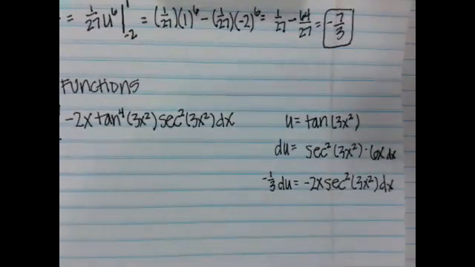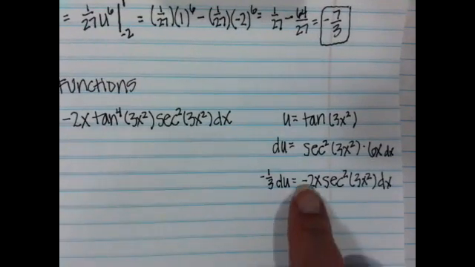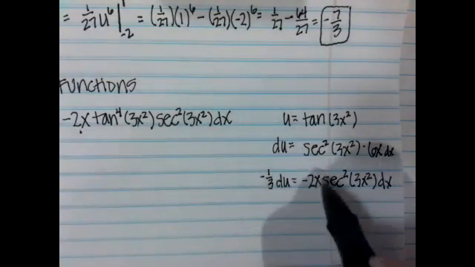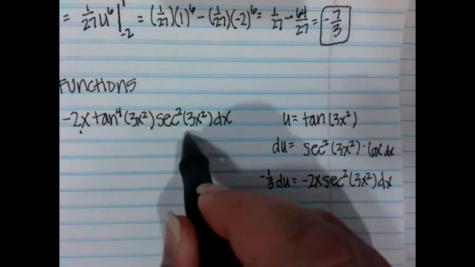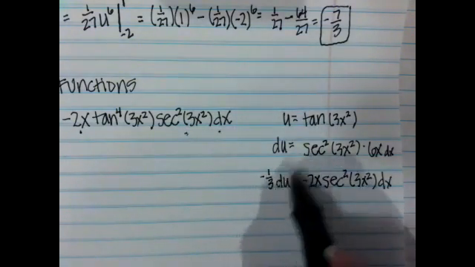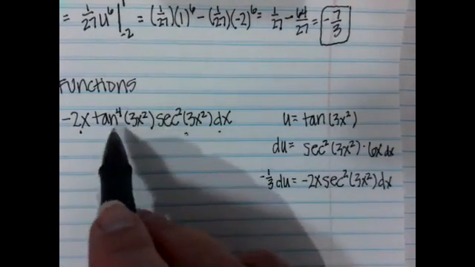Okay, so that's kind of off the paper. Let me show you that for a minute. And then notice that negative 2x is going to take care of that negative 2x. And then secant squared 3x squared dx. So all of that's going to turn into that negative 1/3 du. And then this is just going to be u to the 4th.